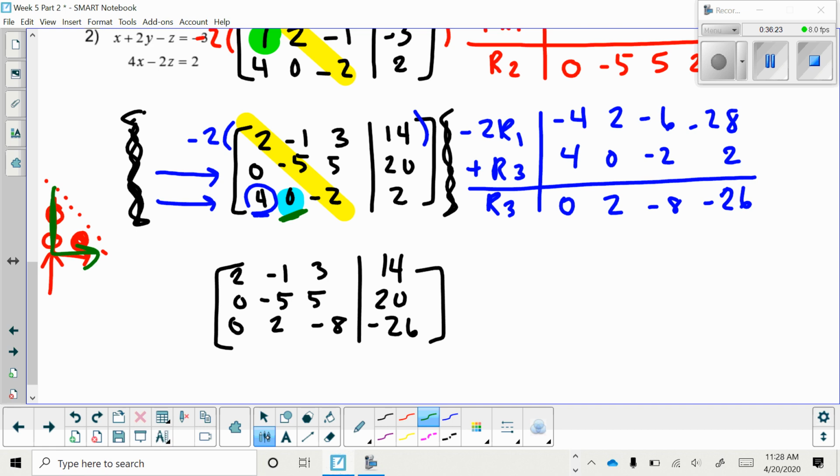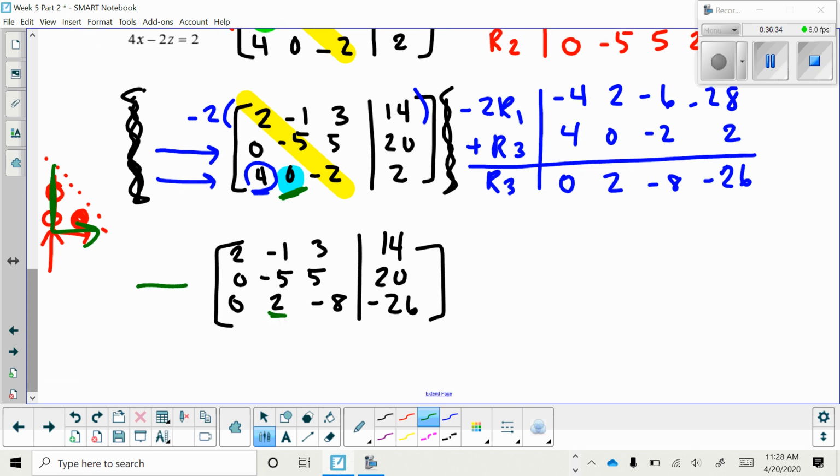Step 3 says use row operations with strictly row 2 and row 3 to get zeros here. So now don't worry about row 1. We're going to do math here and here. And I want you to think about what that math is in order to get the -5 and the 2 to cancel out. So pause your video and think about that.